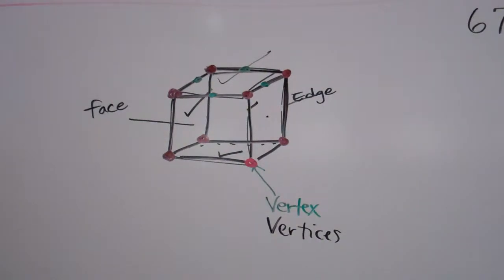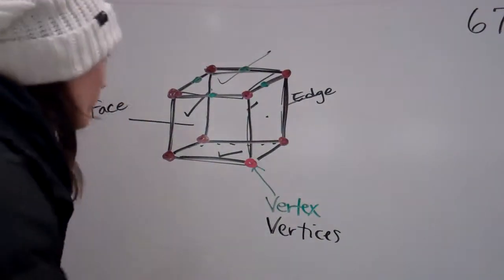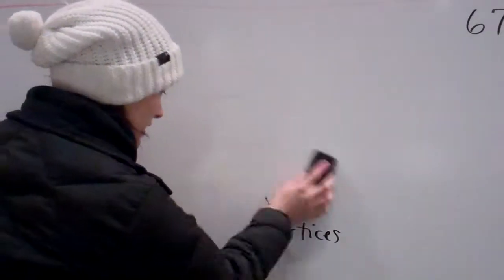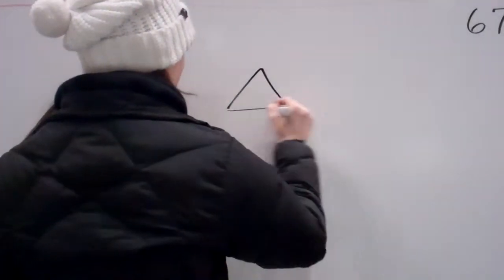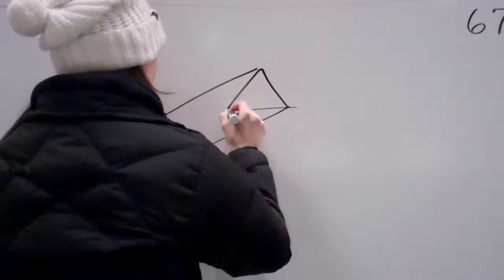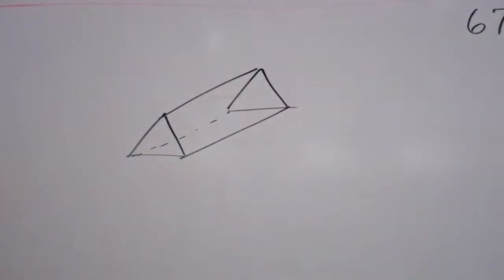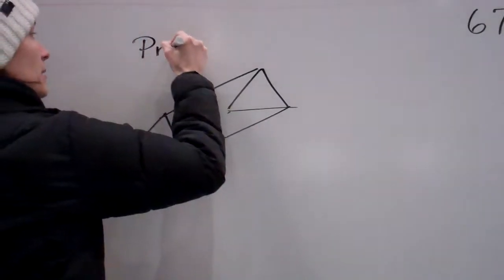All right? Now, let's talk about one other thing real quick before we start drawing them. I'm going to teach you how to do this in just a minute. That is a triangular prism. Now, what is a prism?